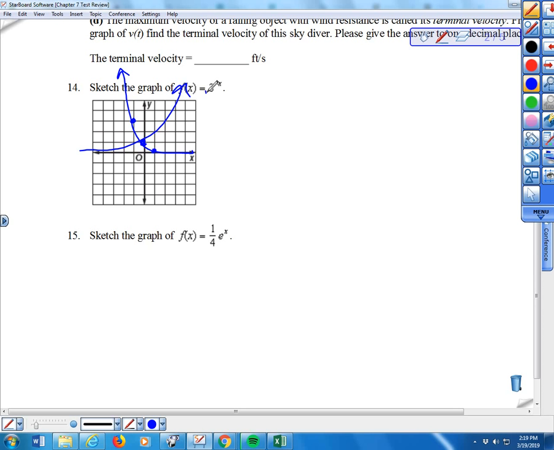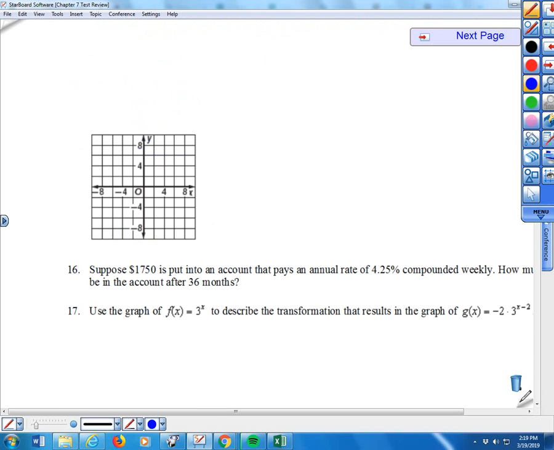Okay. So 1/4 of e to the x, same kind of deal. When x is 0, it's 1. When x is 1, e to the 1 times 1/4, e divided by 4 is 0.68.